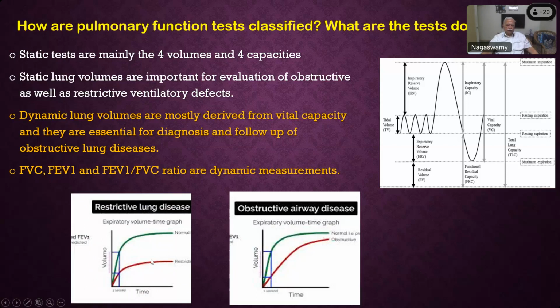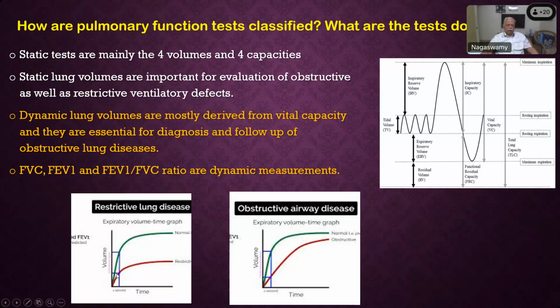So you find that the total volume is much lower compared to the normal, but the FEV1 for that particular volume is normal. So even though this graph appears lesser, you can find that almost 70 to 80% of this volume will be exhaled in the first 1 second.